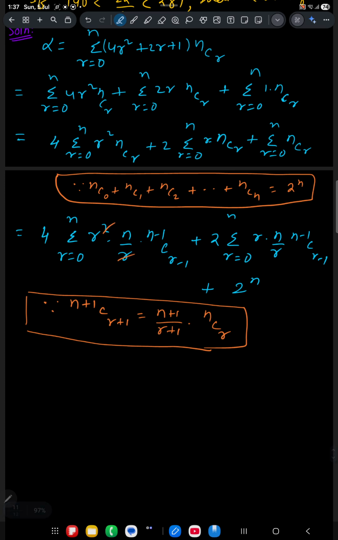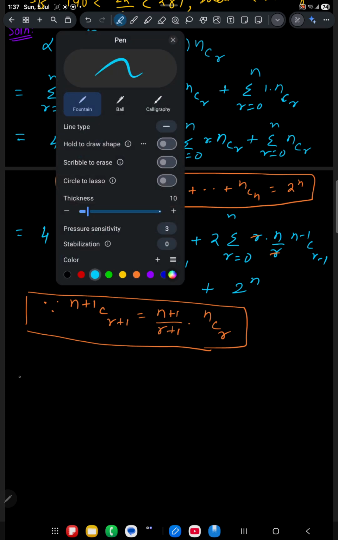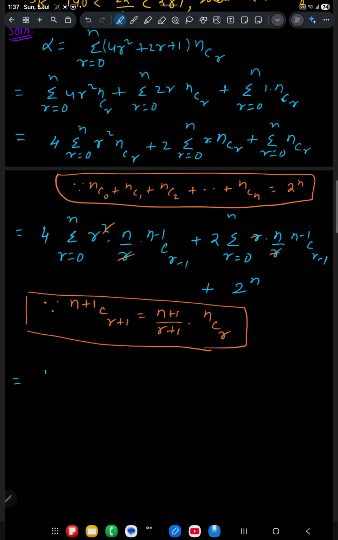Now these two will get cancelled, so you will be left with 4 into n, which will also come out because n is constant, summation r equal to 0 to n, and we will be left with only r into (n minus 1)C(r minus 1), plus 2n, n I have brought out, summation r equal to 0 to n, and then (n minus 1)C(r minus 1), plus 2 power n.